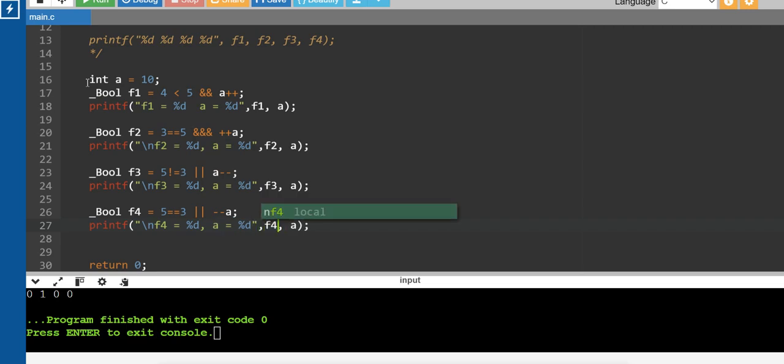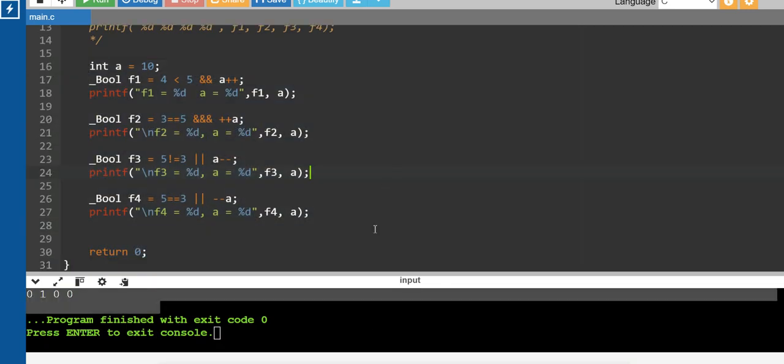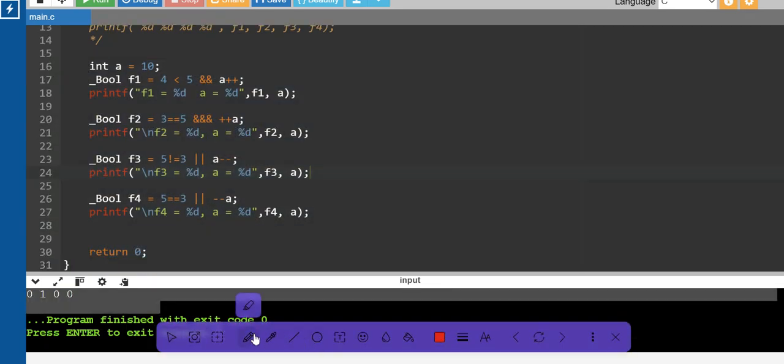Okay, so remember what we have discussed. Now let us see. What we have mentioned is that in the short circuit behavior, this is logical AND. It is false, so the compiler will not consider the second operand or second condition. Okay, fine.